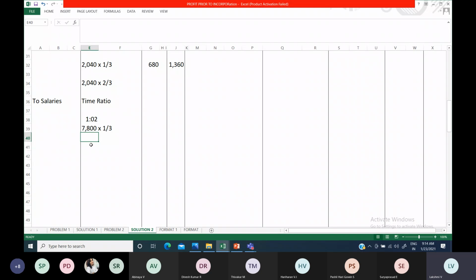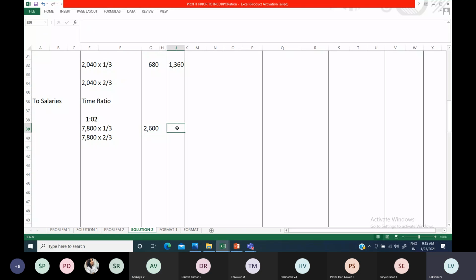Again, 7,800 into 2 divided by 3. That will come under the post column. Just find out how much amount you are getting. 7,800 divided by 3 is 2,600.